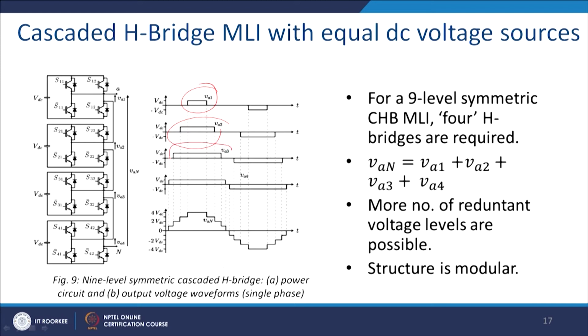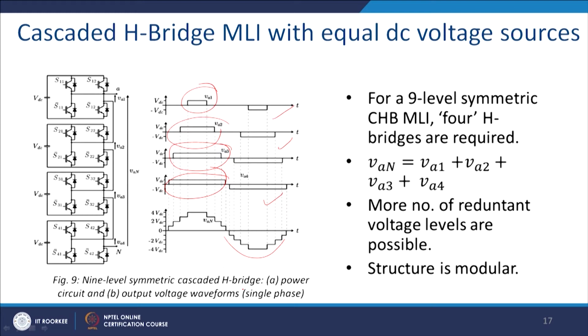Similarly, you get VA3 and VA4, and you add them. So, you get a staircase kind of waveform, and the same way for the negative half cycle, and thus you also get a staircase waveform, quite close to the sine wave.